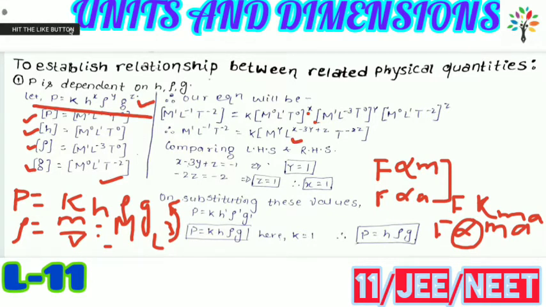This is how we multiply each and every term with x, y and z. So we have M1 L minus 1 T minus 2 is equal to K M raised to power y. See here, M raised to power 1 into y, and here also 0 into z, 0 into x, 0. So M raised to power y.